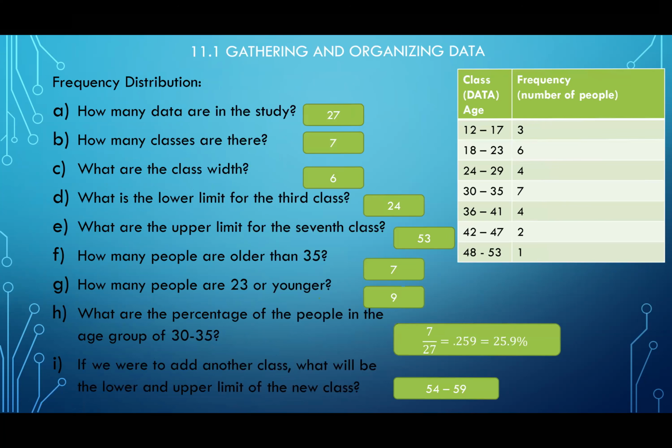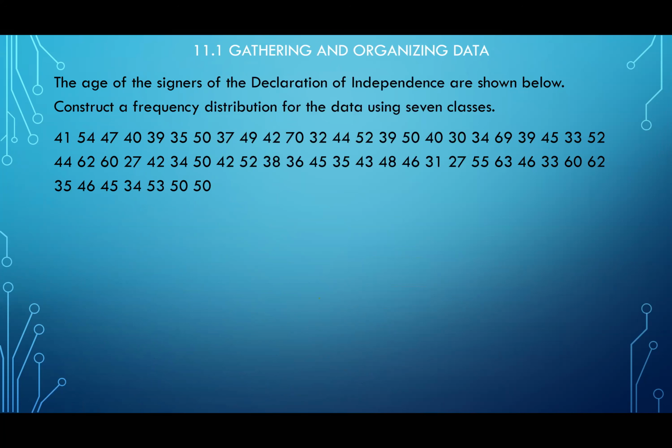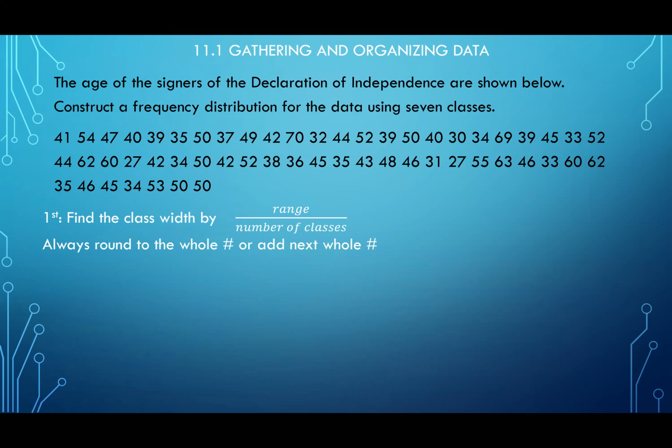Well, before we construct this, we need to know the class width. To know the class width, this is what you need to do: you need to find the range and divide by the number of classes we want.